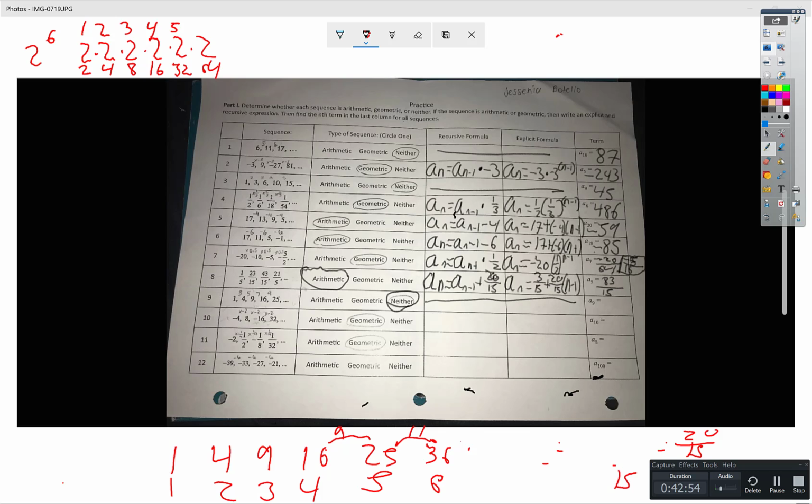That's adding 11. This time you're going to add 13. 36 plus 13 is 49. Then we go to 15. 49 plus 15 is 64.